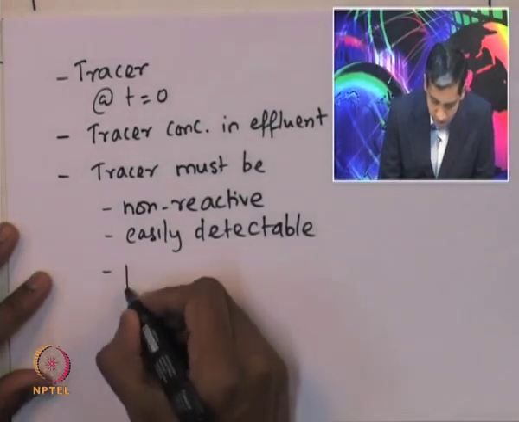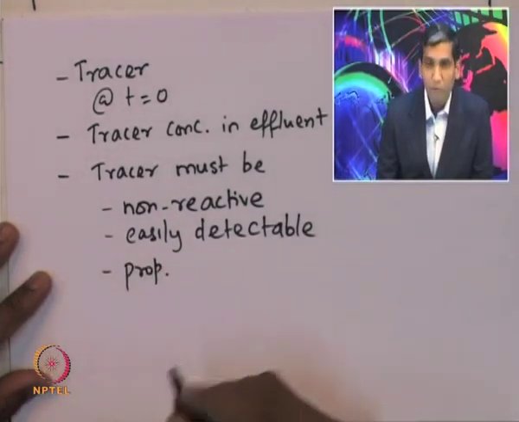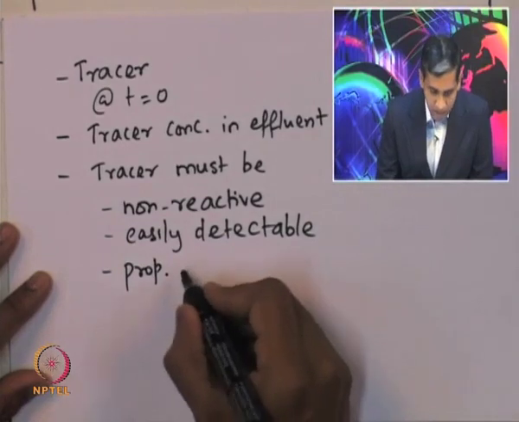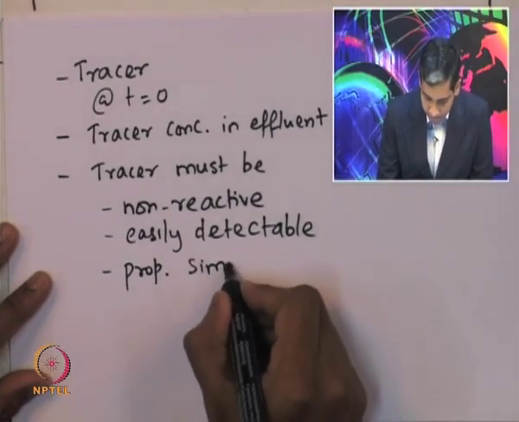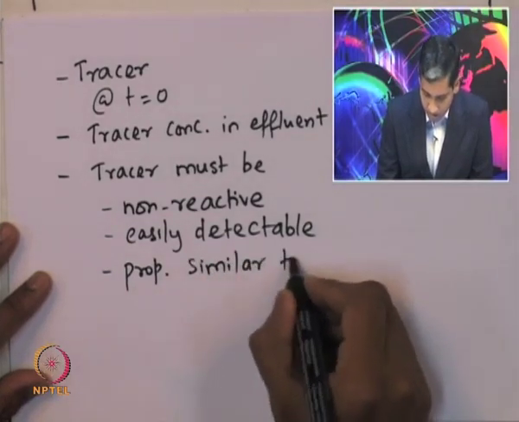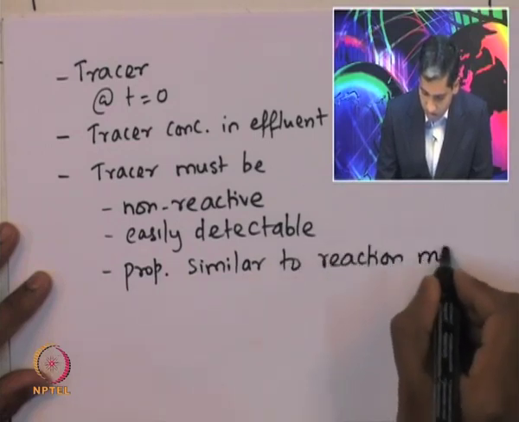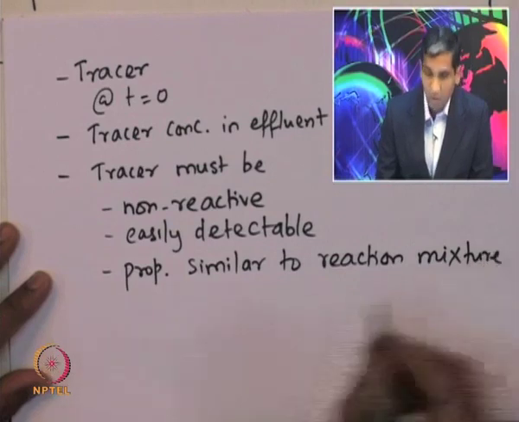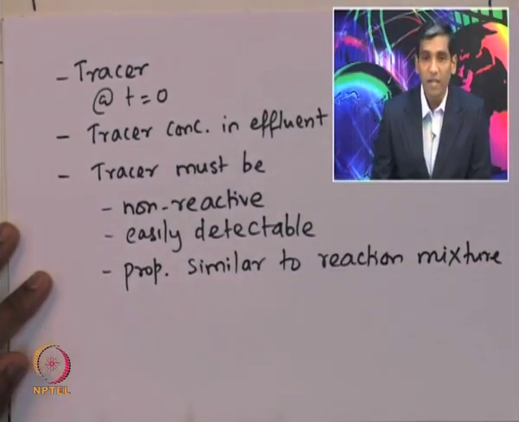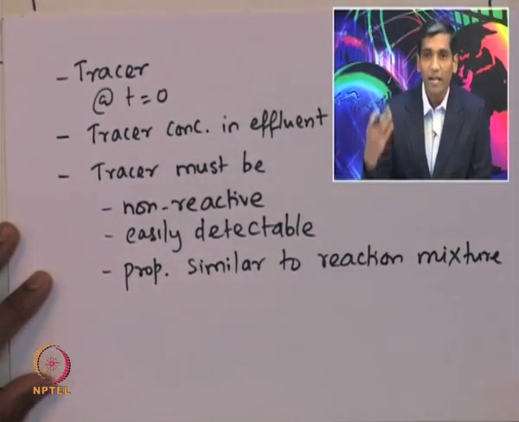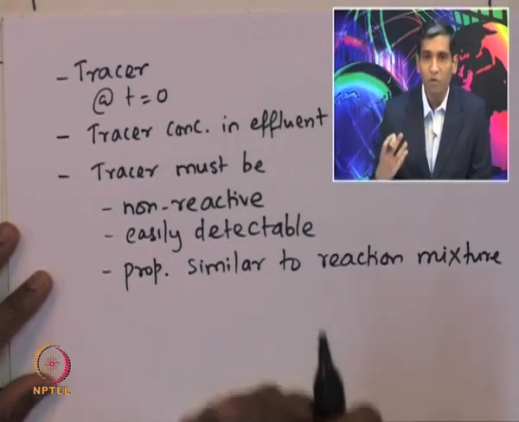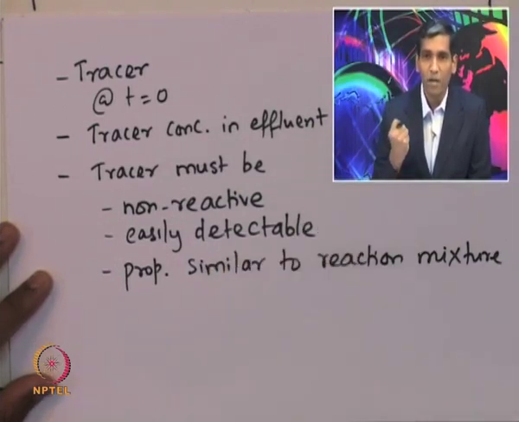And then the properties of the tracer must be similar to that of the reaction mixture, otherwise it reflects a different behavior. So, in order to capture the non-ideal behavior of the reactor, the properties, for example viscosity, must be similar.